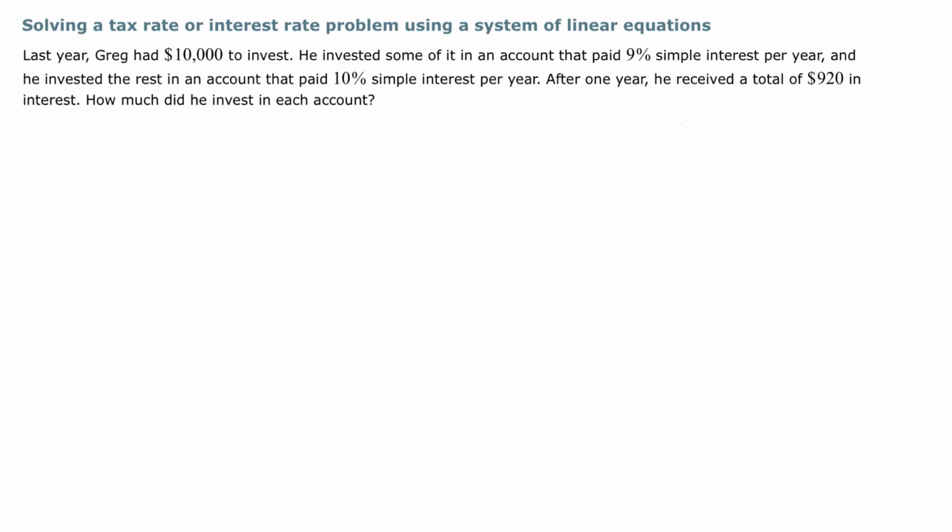Well, we're going to need to translate some of these words into a mathematical symbol. So let's say the number of dollars Greg invested in the 9% account is, let's say, n.